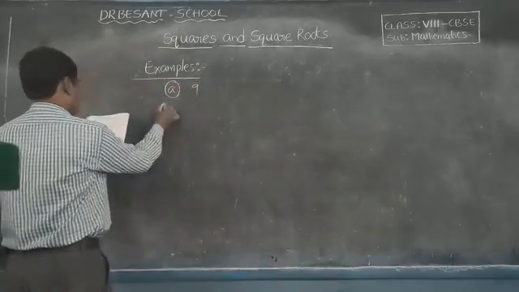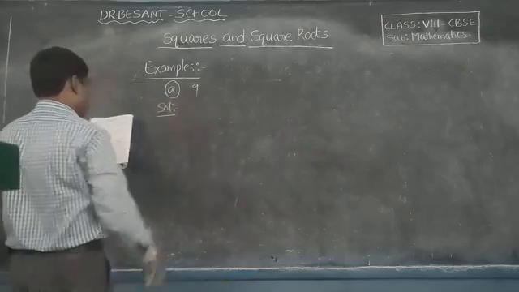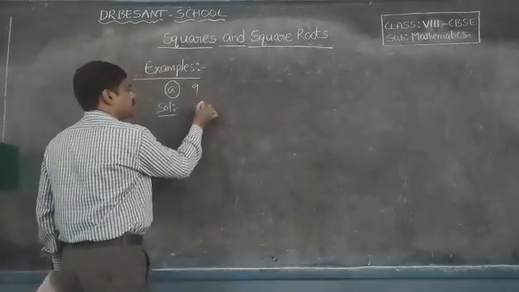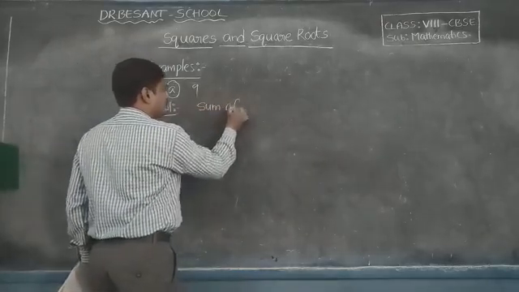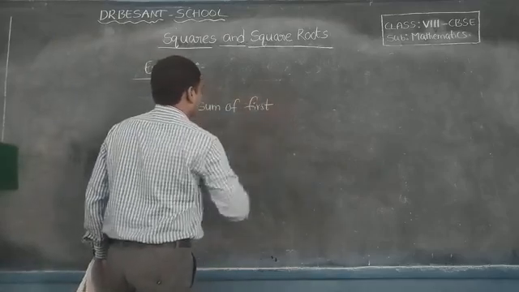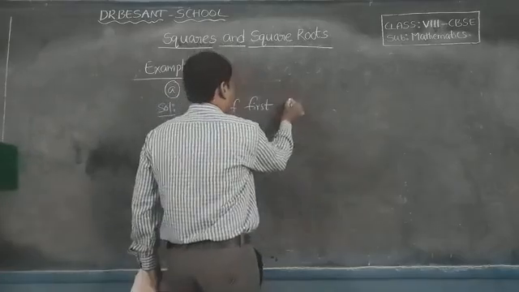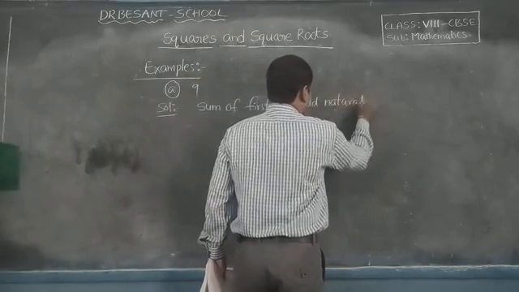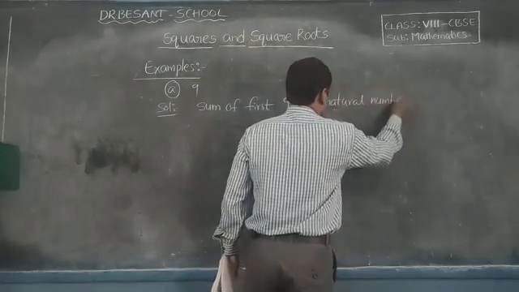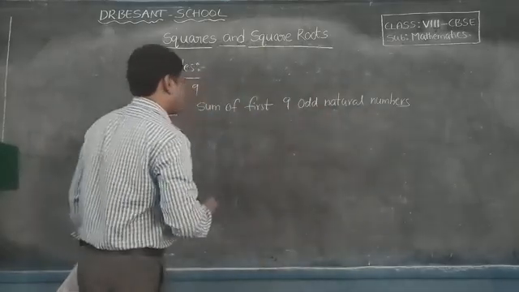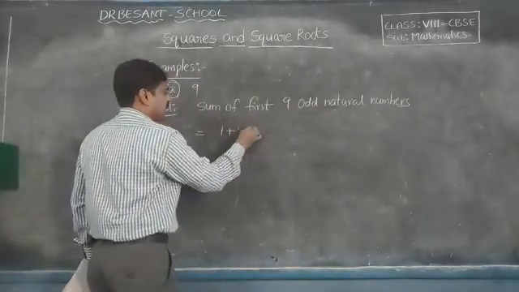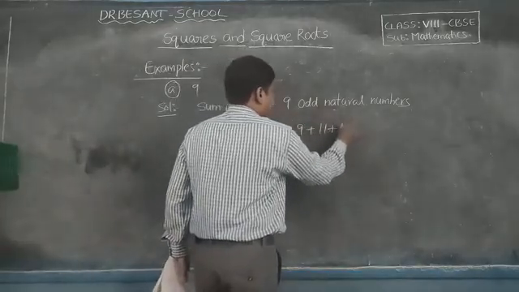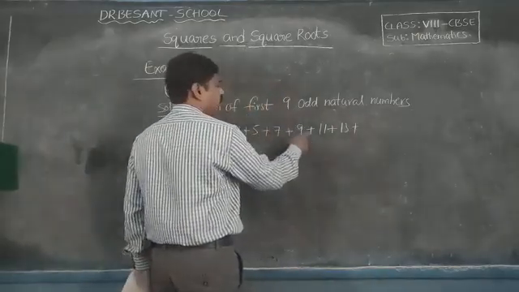So the sum of the first 9 odd natural numbers. That means 1 plus 3 plus 5 plus 7 plus 9 plus 11 plus 13 and so on.